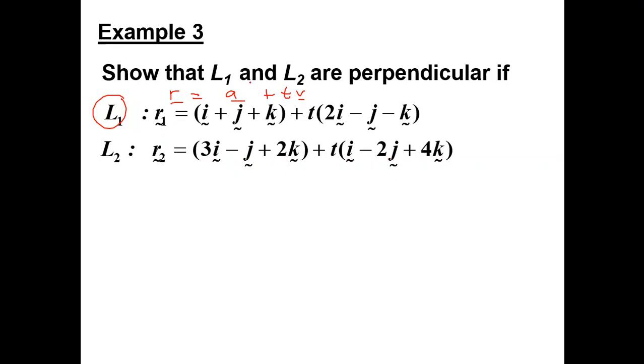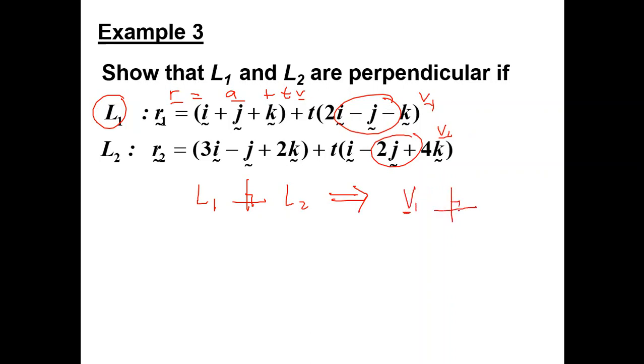To show that the two lines are perpendicular, we want to show that L1 is perpendicular to L2. It implies that you need to show, say that these are named V1, V2, that vector V1 is also perpendicular to vector V2.